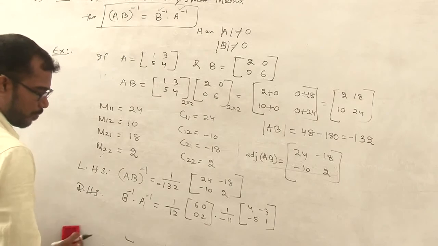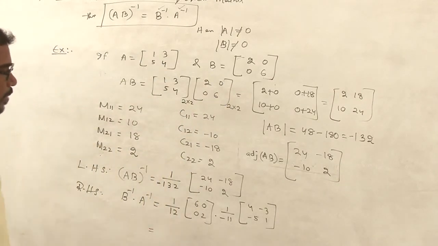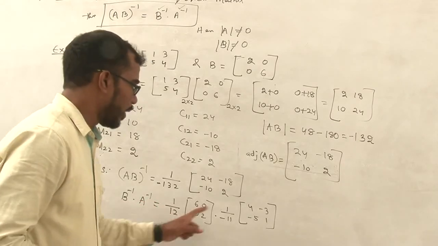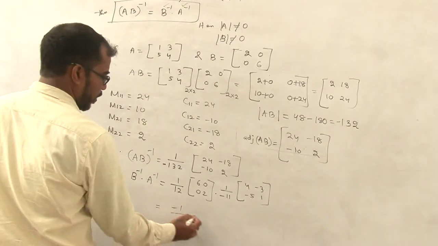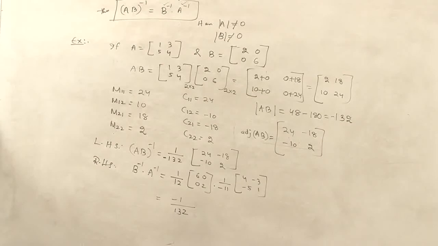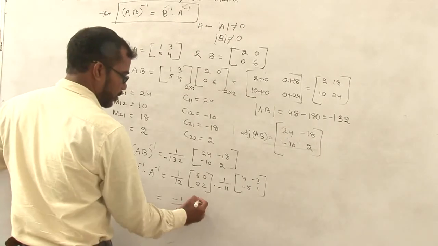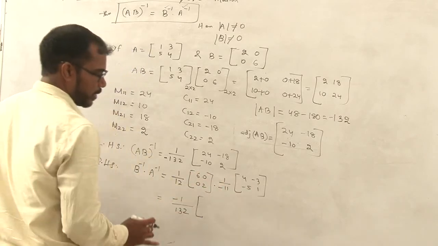Okay, so you can put the values. Now we can multiply first the scalar 12 into 11 and this is minus, so minus 1 by 132, and the next multiply this matrix to this matrix.